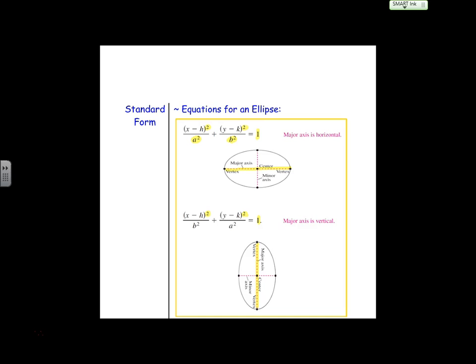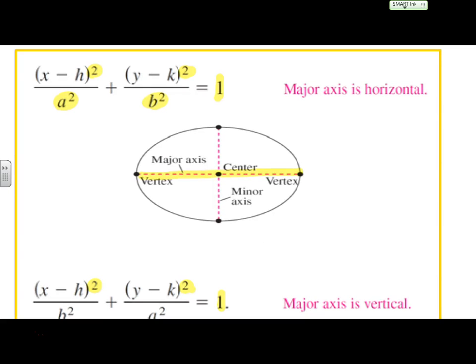And so, from these, if you got a little stuck in your formulas, a is referring to the major. Now, I'm going to put this in quotation marks: the major radius. Because if I was to zoom in, a is going to be half the distance. It's not going to be all the way across.